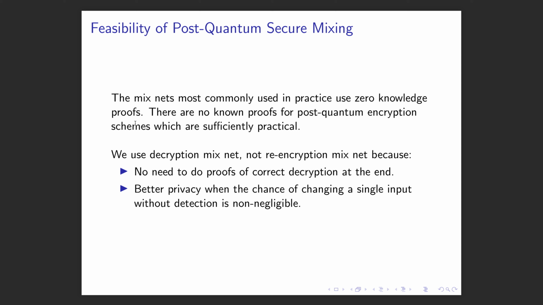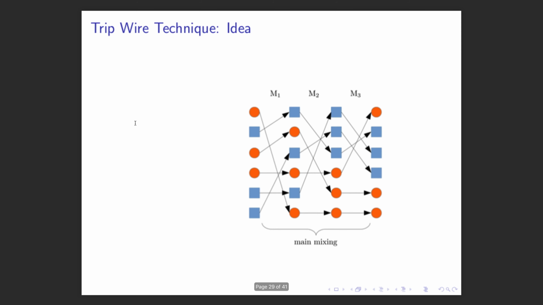This goes back to some attacks by Wikström, and basically if you can change a single input, you lose basically all privacy. So if you're going to do this kind of mixnet where it's possible to change a single input, you really, really, really should be using a decryption mixnet, not a re-encryption mixnet.